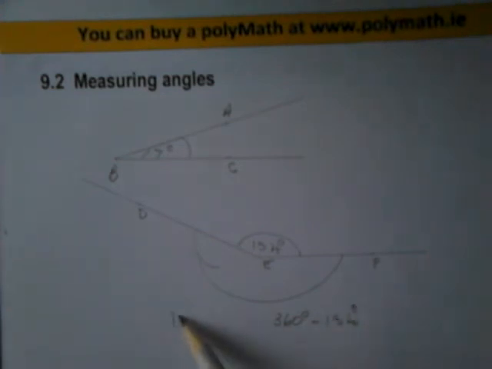That's the measure of the reflex angle DEF. It's equal to that. Now all you've got to do is to take that from that, and that will give you 206 degrees. And that's how you would do that one there.